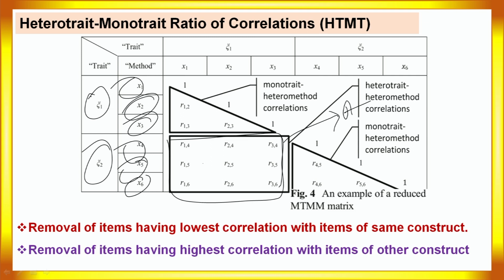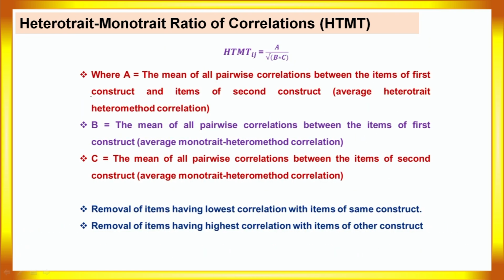Like R14, the correlation coefficient between x1 and x4, which are different items and belong to different dimensions. The bottom and top triangles are designated as the B and C areas, technically called the monotrait-heteromethod correlation. All the items belong to the same dimension, and this is the correlation between these items. Using this formula, we generally calculate this HTMT ratio.